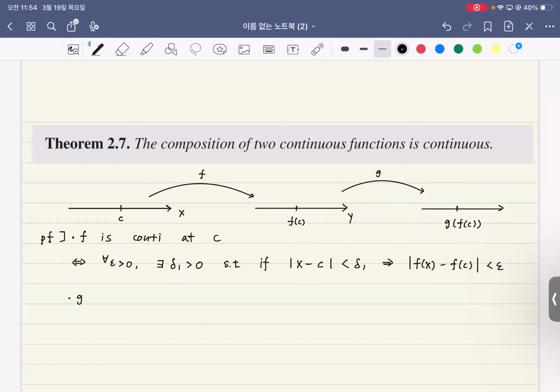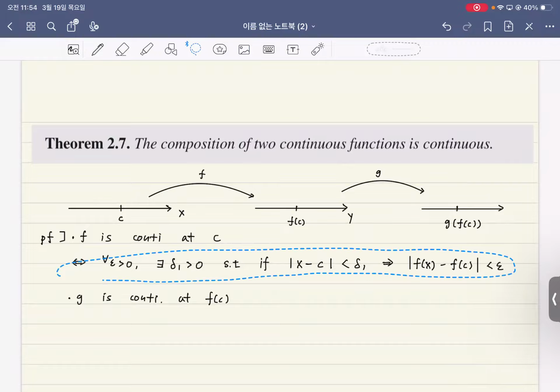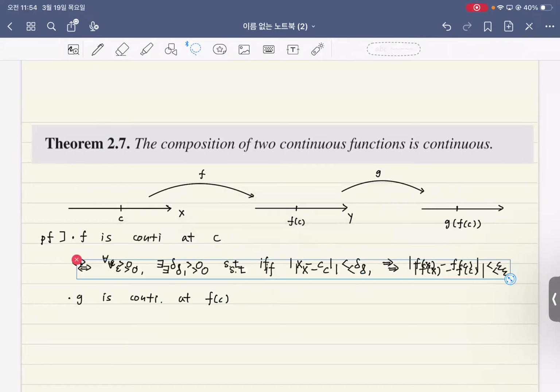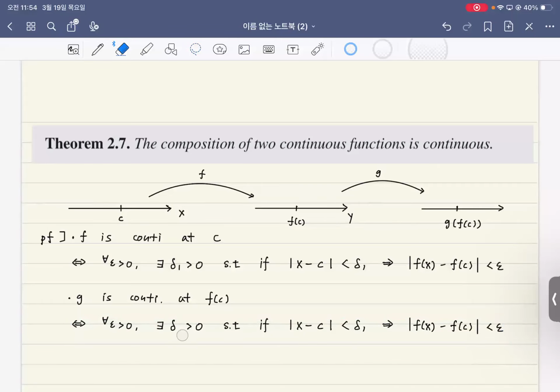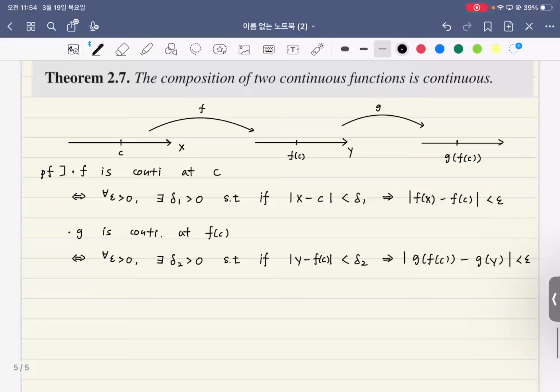And g is continuous at f of c means for any epsilon, there is another number, say delta 2, such that if the absolute value of y minus f of c is less than delta 2, then the absolute value of g of y minus g of f of c is less than epsilon. Okay, so these are two assumptions.